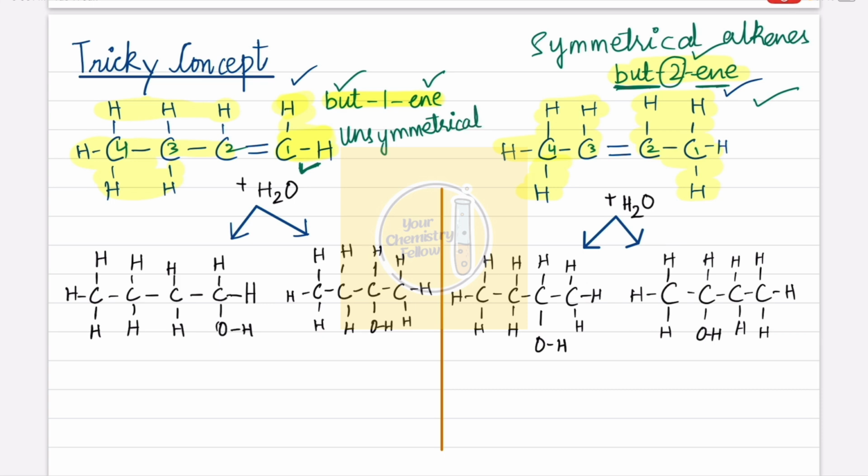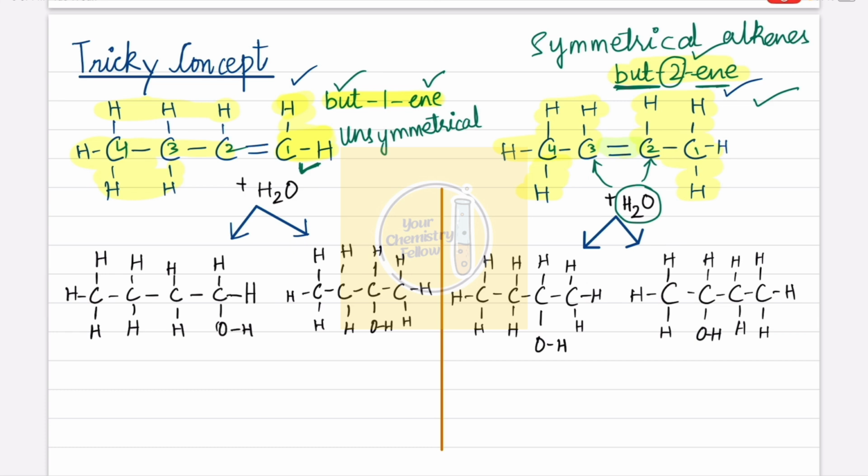So what happens is that when symmetrical alkenes undergo hydration reactions, they react with steam, and only one type of alcohol is formed. How? This double bond opens up, and we have an option that the hydroxyl group of water may be added to the second carbon atom or to the third carbon atom.